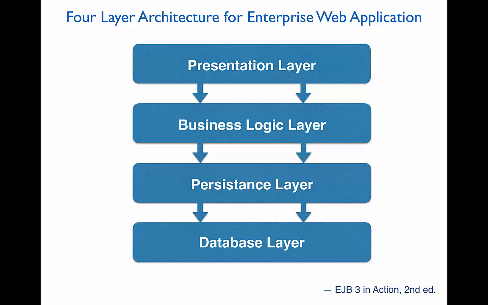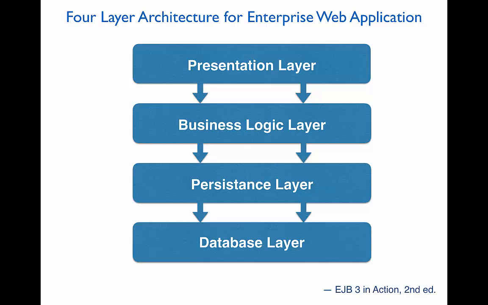We've talked a lot about the model view controller architecture, but sometimes when enterprise applications are discussed, they're talked about in terms of layered architectures. In a layered architecture, each layer or tier has a well-defined task, and it passes the remaining work to the layer below it.